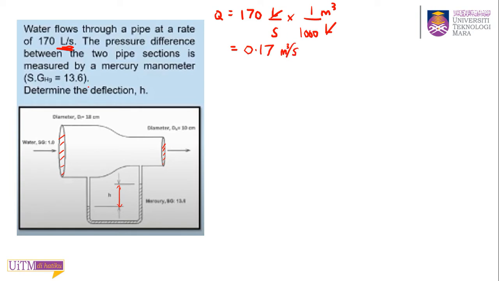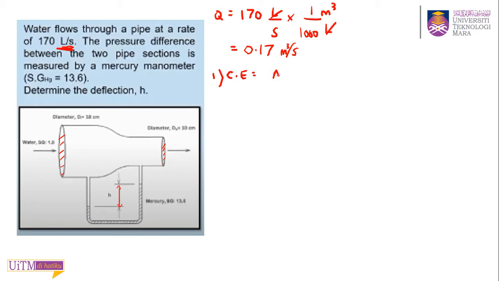If you fail to convert this to meter cube per second, all of your calculation after this will be affected. You will get the wrong answer. So that's why I ask you how to change this. I hope by this time you already know how to convert any unit into the right standard unit. So the first step is to write your continuity equation.